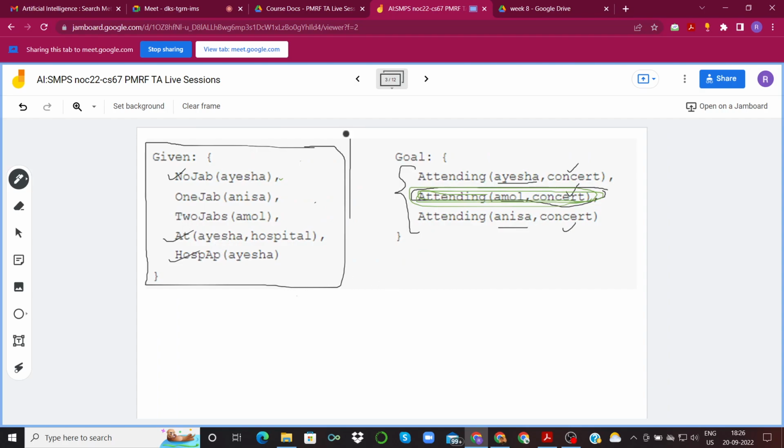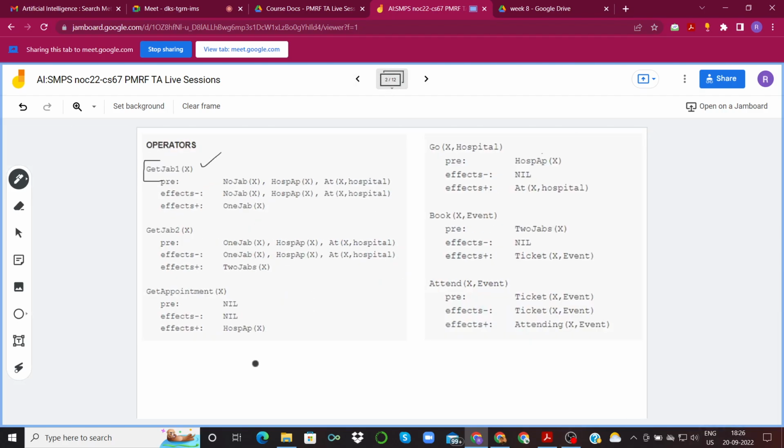Okay. See, there are some operators which do not have any preconditions. Suppose this get appointment operator. This will always be one of the potential candidates because it does not have any preconditions, so it can be applied at any point of time. Okay, so this is also a potential option, right?